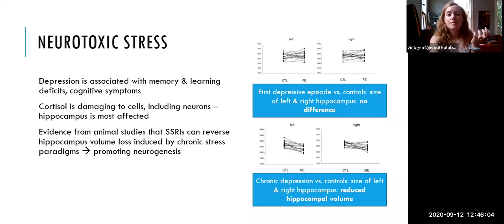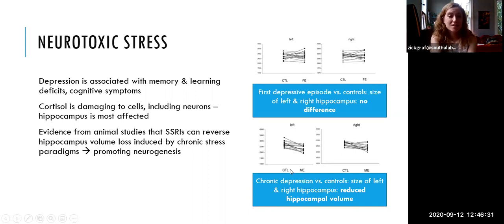So these figures are evidence from studies in humans that actually show that there's a dose-dependent effect of depression on the size of the hippocampus. So what we're looking at here on the bottom is imaging studies, so MRIs, of people with chronic depression, right here, that's what ME stands for, and controls.